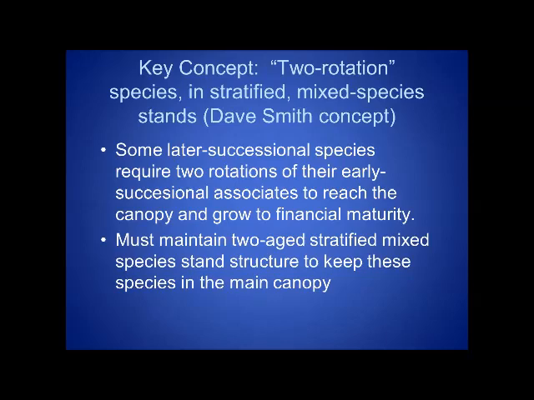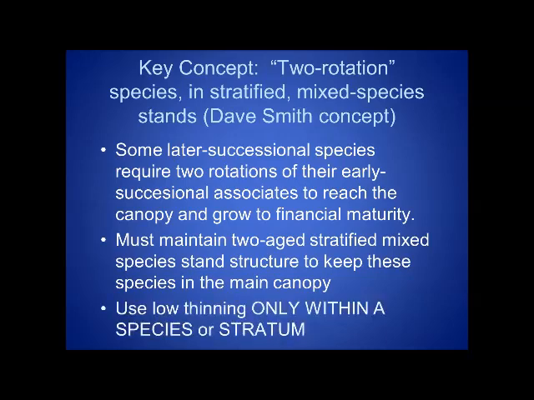In order to manage these effectively, you need to maintain at least a two-height structure in a stratified mixed-species stand to keep these in the main canopy. If you just use random or full, uniform low thinning, you wipe these things out. So don't do that. You can use low thinning within a species, but not broadly throughout the stand.